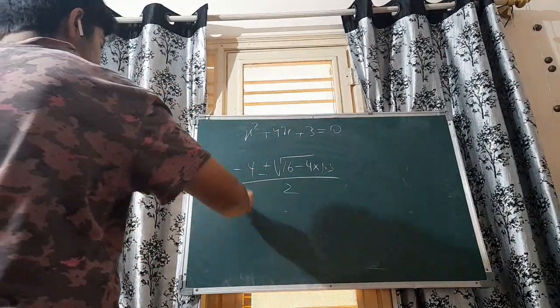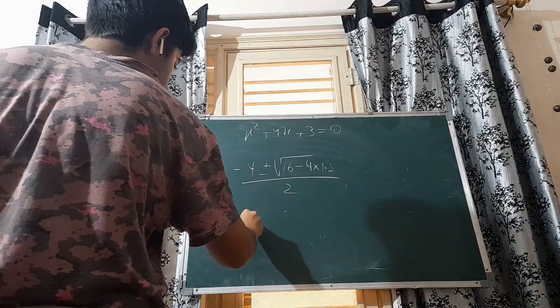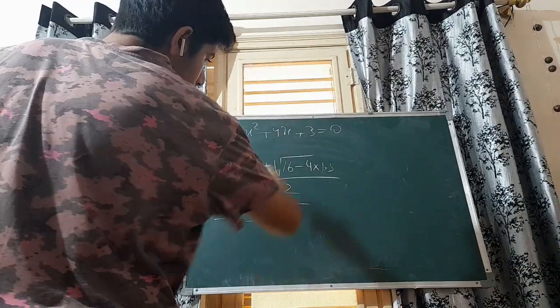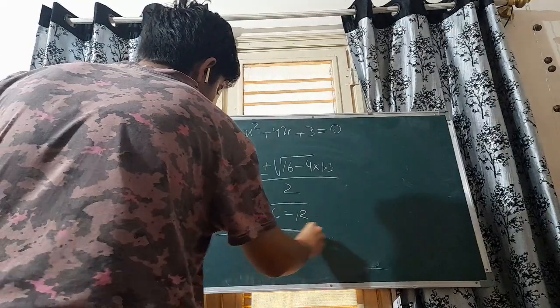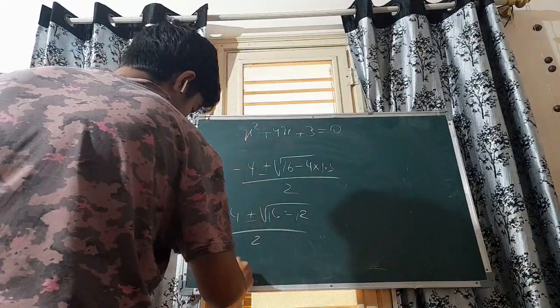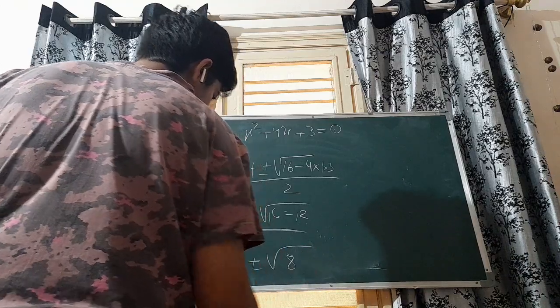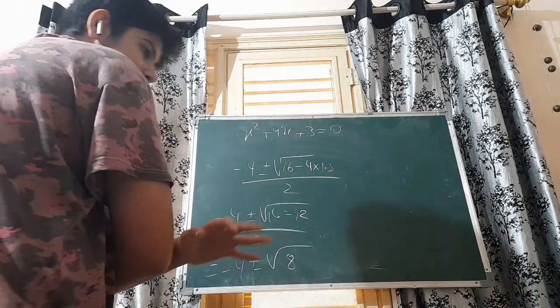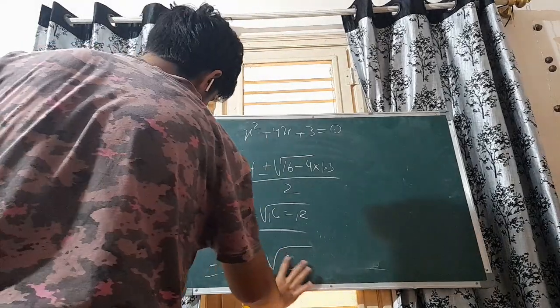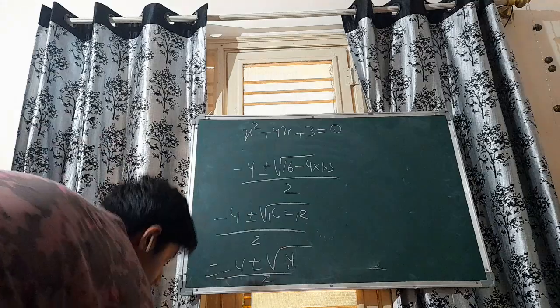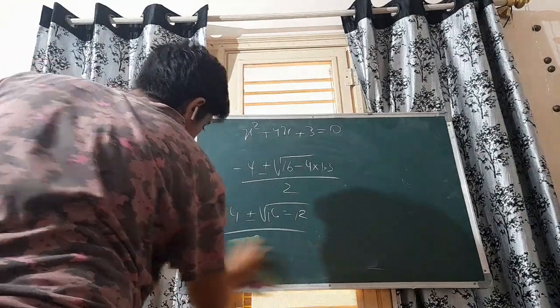Let's compute this. Minus 4 plus or minus the root of 16 minus 4 into 3, which is 12, over 2. Now we get the root of 8. What is 16 minus 12? It's not 8, it's 4.